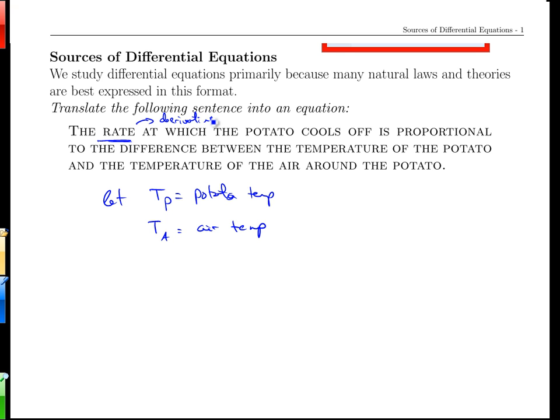We're talking about a differential, some derivative of a quantity. So the left-hand side is this derivative, the rate of change of the potato temperature, is proportional to, is a constant times. So the nice thing about these sentences is they really write themselves out on the page.